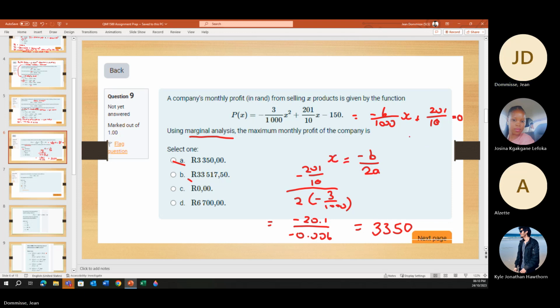Okay. So let's quickly remember that's x. We need to get, so take that formula, 3350.